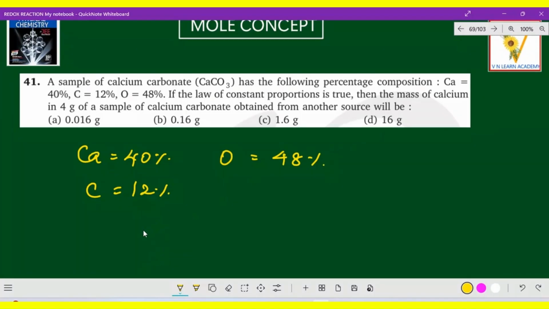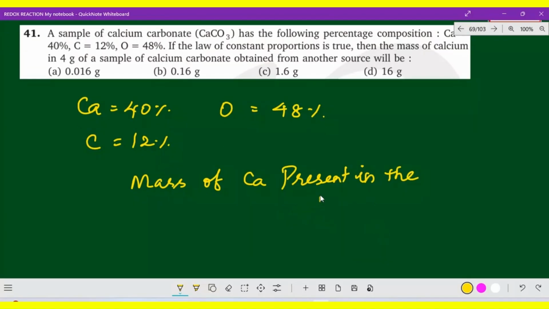The mass of calcium present in the sample is what we need to find. The sample is actually 4 gram. Now, how do we find the mass of calcium in that compound?